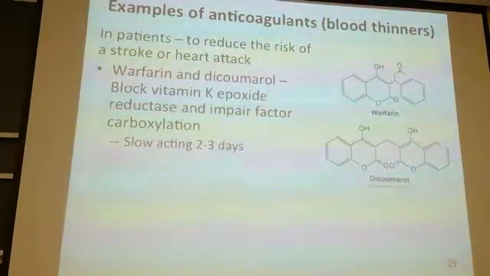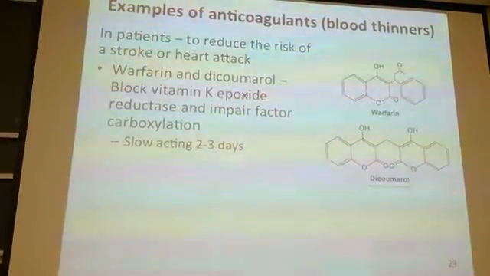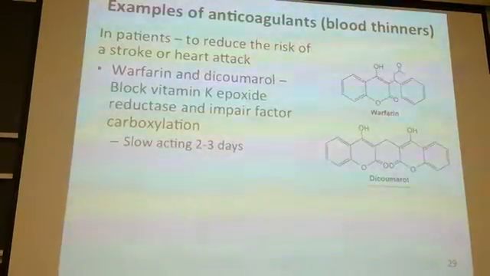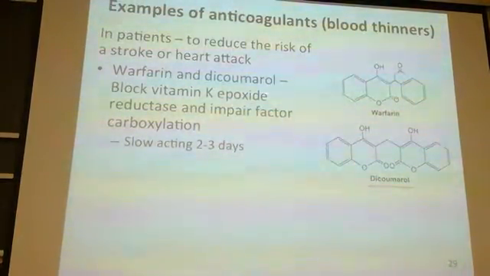Okay, so in patients, as I mentioned, patients are given blood thinners or anticoagulants. These are given to patients that might have a risk of stroke or heart attack to reduce their propensity to form blood clots, which would potentially give you a heart attack or a stroke. Two very commonly prescribed drugs are warfarin and dicumarol.